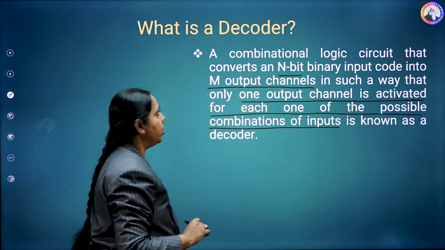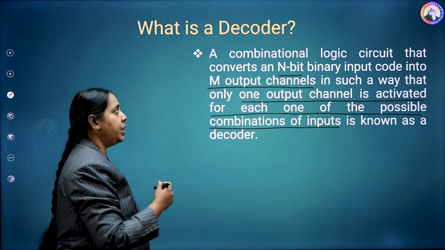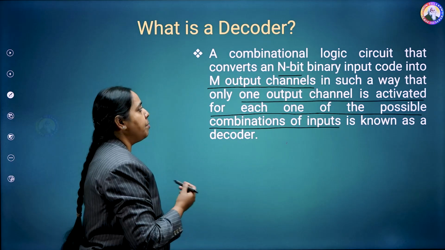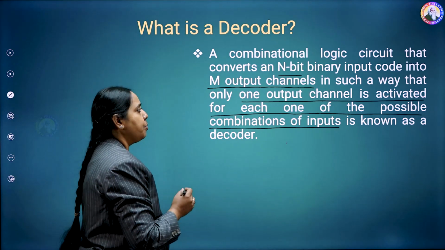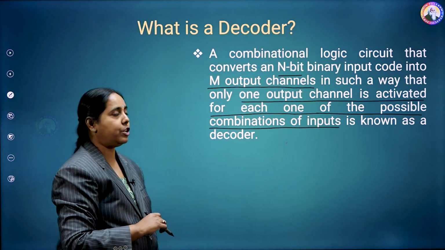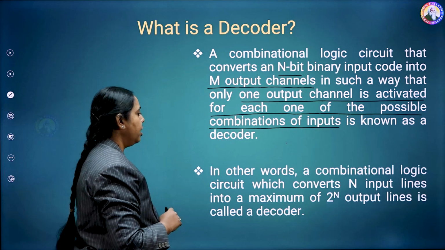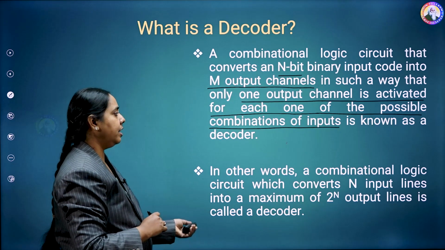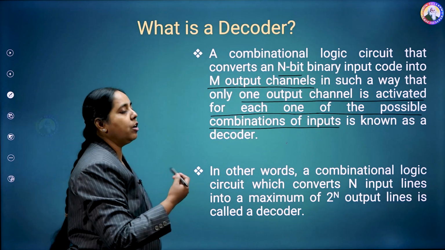So what is the decoder? It is a combinational logic circuit that converts n-bit binary code into m output channels in such a way that only one output channel is activated for each one of the possible combinations of inputs, and that is called a decoder. In other words, the decoder converts n input lines into 2 power n output lines.